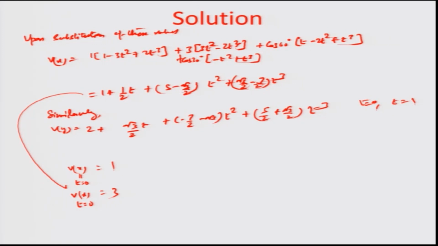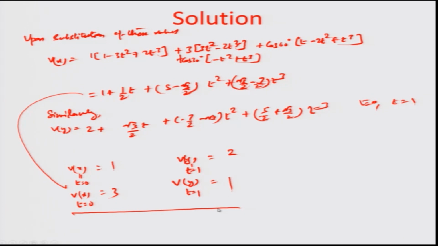And similarly, if I wanted to see the Vx and Vy at t equal to 1 in both the cases, these values would turn out to be exactly, I am sorry, this is Vy, 2 and 1. Okay.